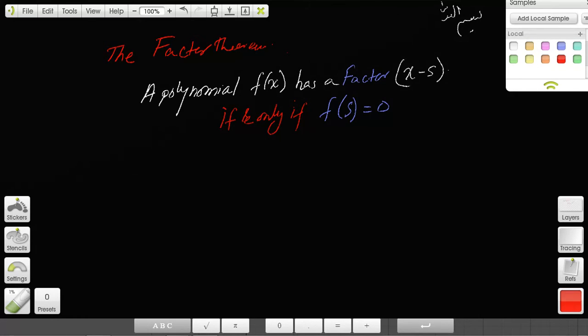Now this sounds like a very complicated statement, but it's saying if f of s is 0, then this is a factor of the polynomial.